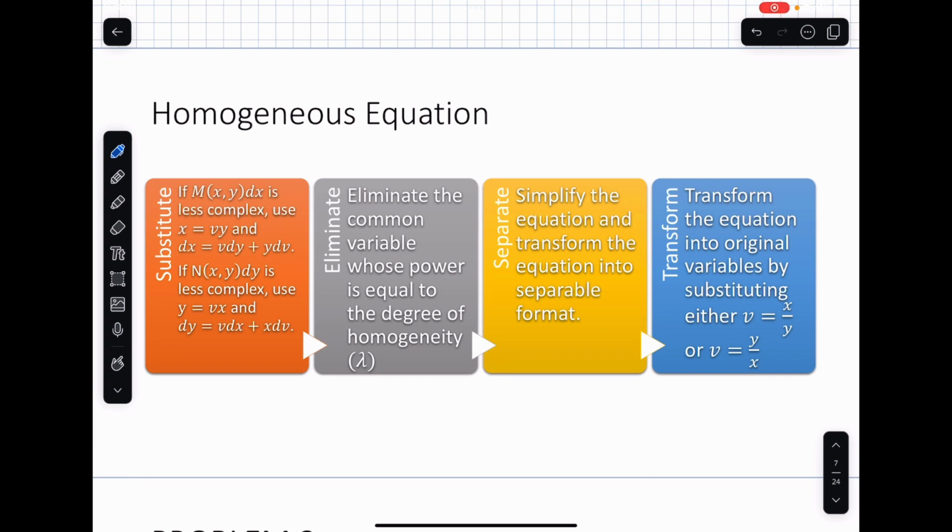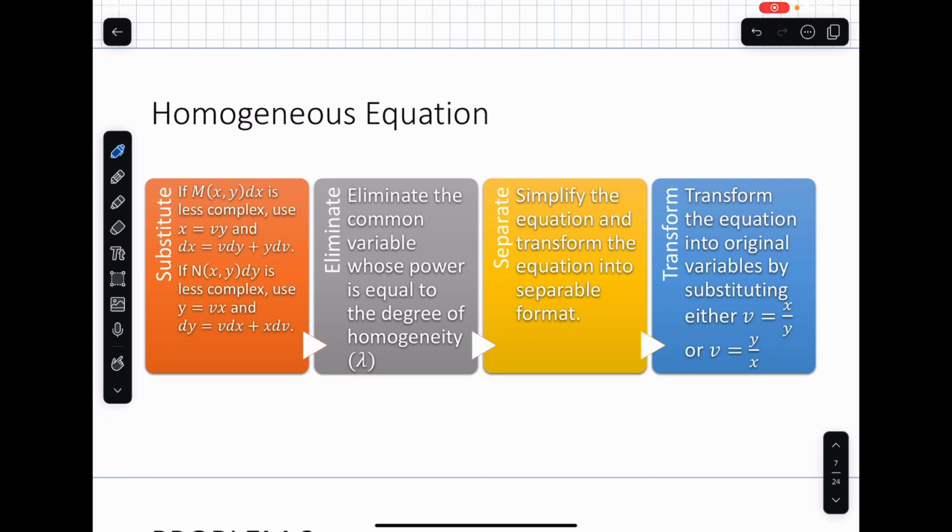We look at the differential and see which function has fewer terms. If M of x, y has fewer terms, then we let x be equal to vy. But if N of x, y has fewer terms compared to M, then we use y is equal to vx, to make our solution less complex.